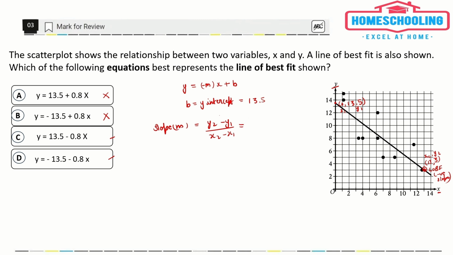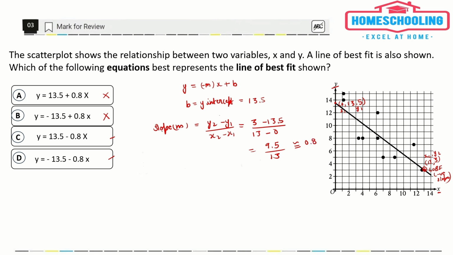The y2 value is 3, minus y1, that is 13.5, divided by x2, which is 13, minus x1, which is 0. That is going to be 9.5 divided by 13. Let me put it on my calculator. It is approximately 0.8.